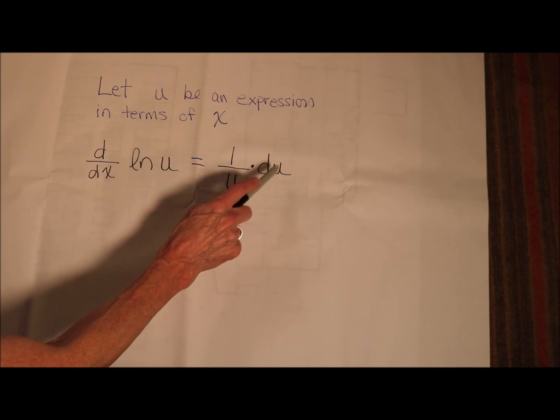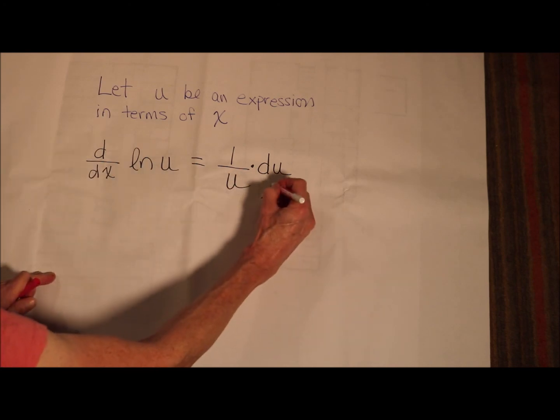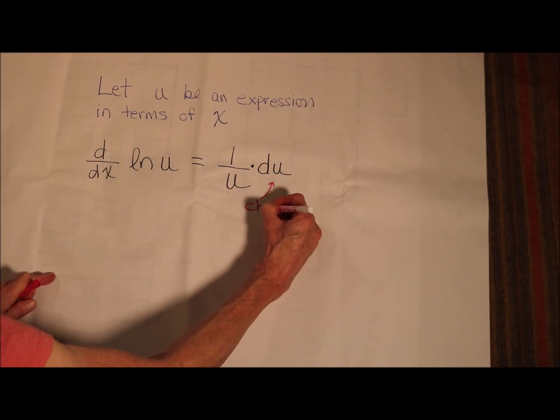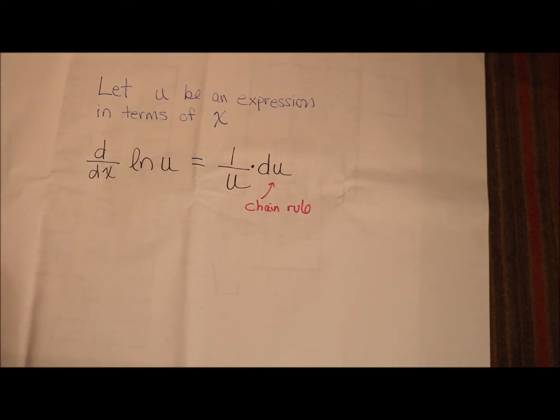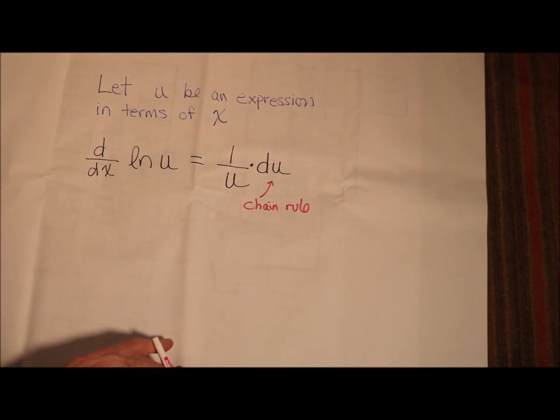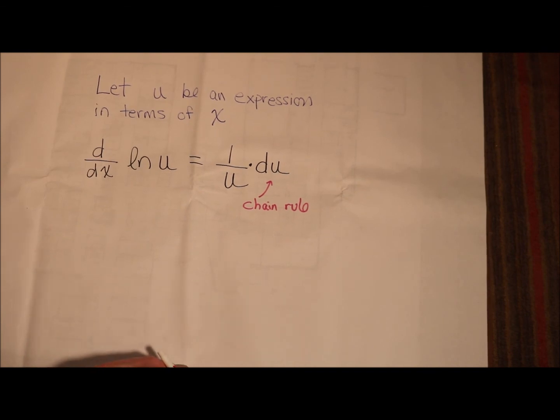Then here's the chain rule part, times the derivative of u. This is the chain rule right there. And lots of times we write the rule with the chain rule embedded in it so that we don't forget that chain rule.